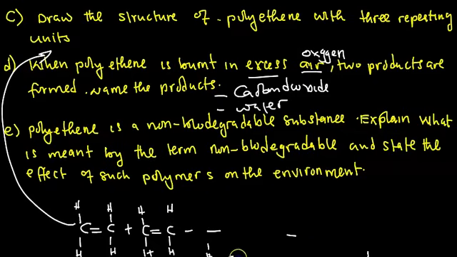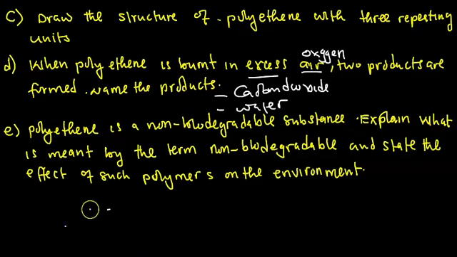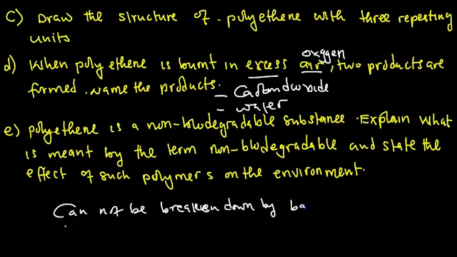You know, there are some things that decay because they can easily be broken down by bacteria, and of course the decay process occurs. But these are non-biodegradable because they cannot be broken down by bacteria. Okay, so that is why it means non-biodegradable.